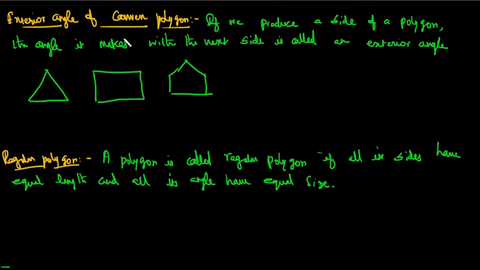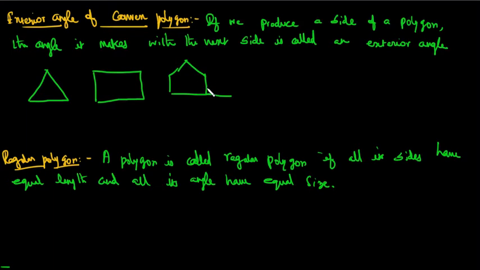So what is the exterior angle of a convex polygon? Let's take this polygon. If we produce a side of a polygon, this is one side, so I'm going to produce that. The angle it makes with the next side is called the exterior angle. So this is one side, the next side is this one.